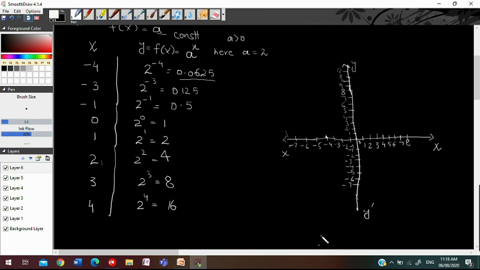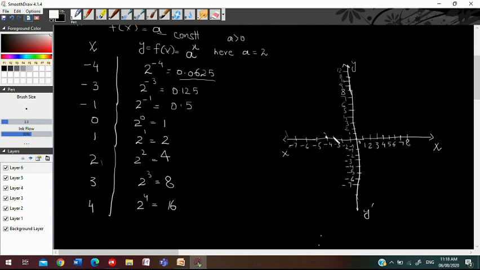0.0625 is the value. 0.0625 means less than 1, so here you have some value below this 1. Okay, the next value is -3.